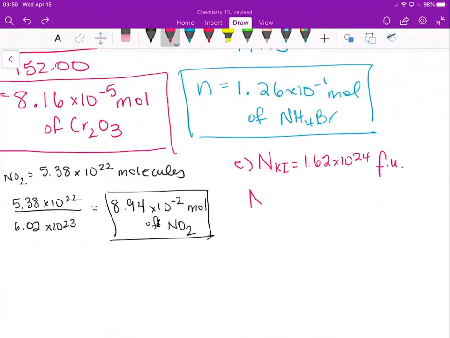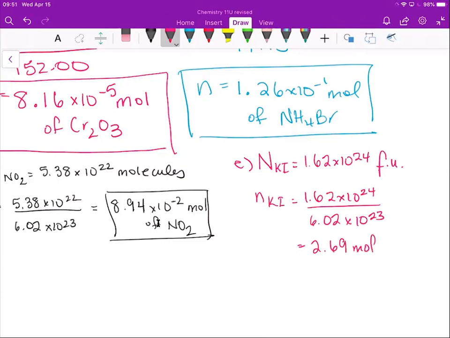Oops, I want small n, number of moles of potassium iodide. And I get 2.69 moles, whoops, of potassium iodide.